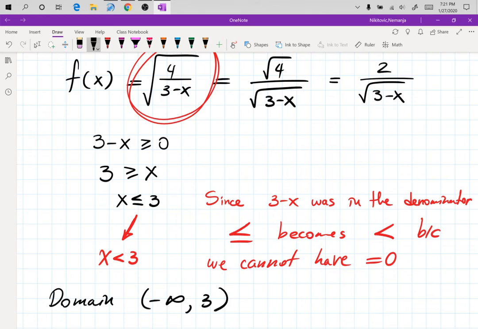Now pick any value you want. Any value from here, you will be able to compute. Pick any value outside of that domain and you will not be able to compute. Pick 4. 3 minus 4 is negative 1. There you go. You already have a negative under the root. Pick 10. 3 minus 10 is negative 7.